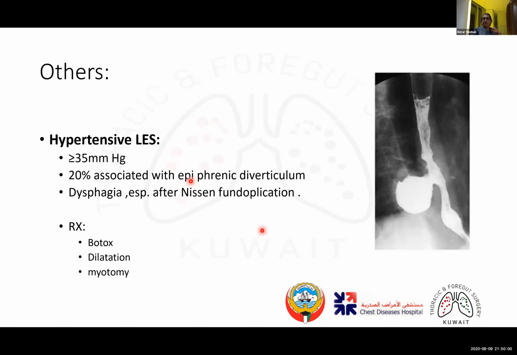The treatment of hypertensive LES, again, is more or less the same: either medical treatment, like Botox, calcium channel blockers, or endoscopic dilatation, or lastly, you can definitely do myotomy, and it's going to be, again, myotomy with diverticular resection, so that you will have a good result with this kind of disease. And again, if I did myotomy here, I would basically include partial fundoplication.